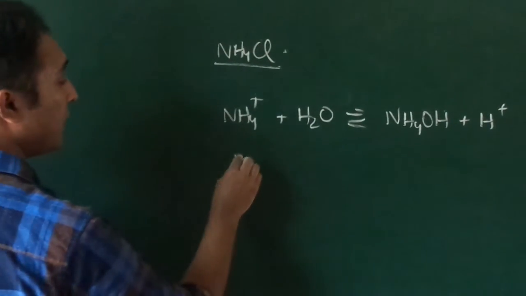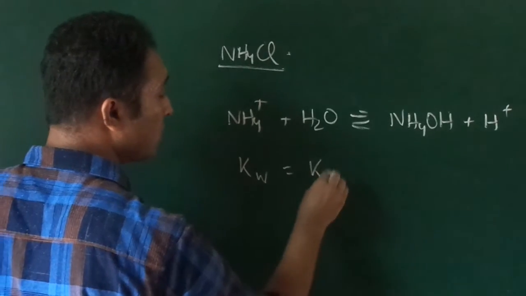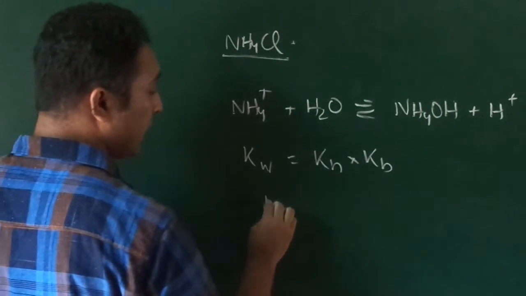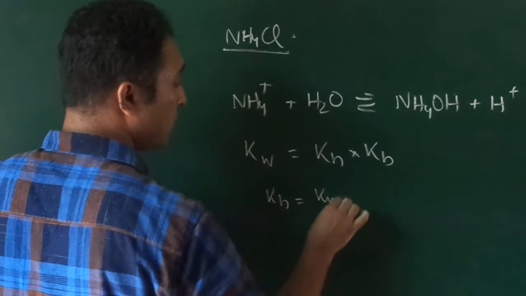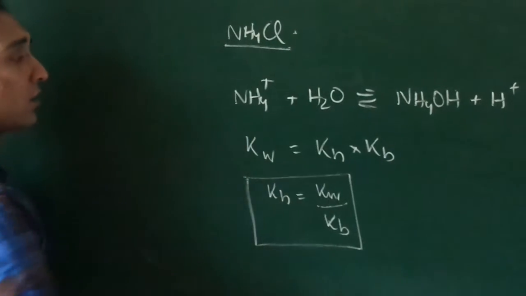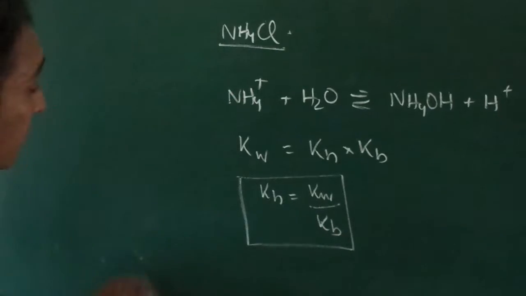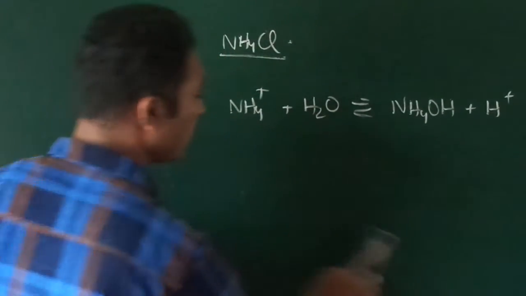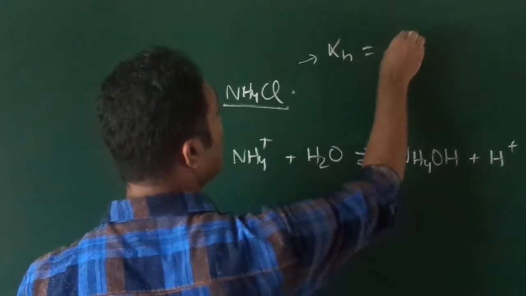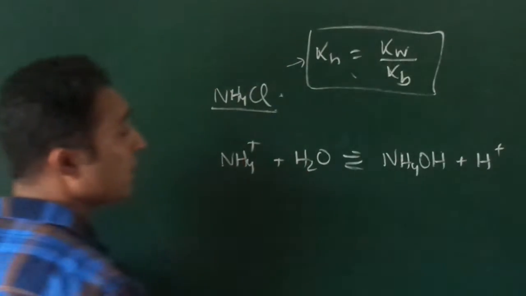So now we also knew that Kw was equal to Kh into Kb, or you can also write that Kh was equal to Kw by Kb, right? The hydrolysis constant of this salt. So the first point is that Kh, the hydrolysis constant, is equal to Kw by Kb, right? This is no rocket science. You can easily find it out.